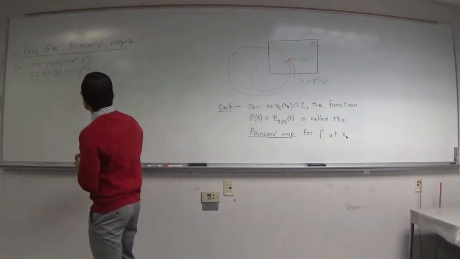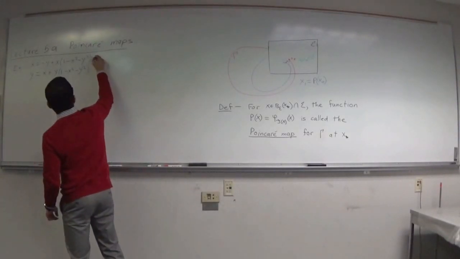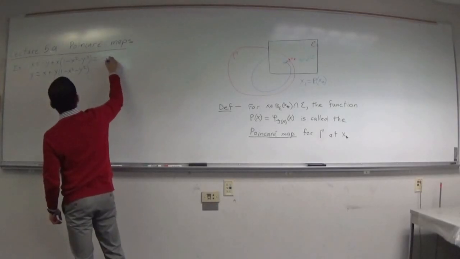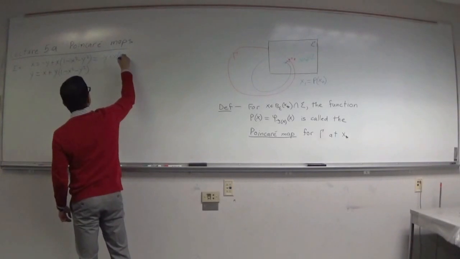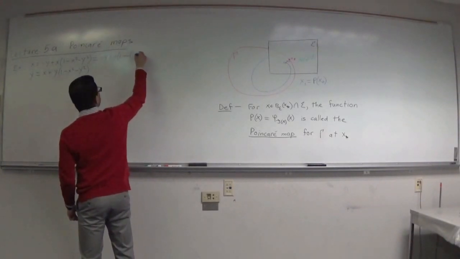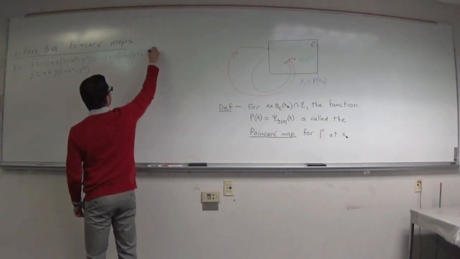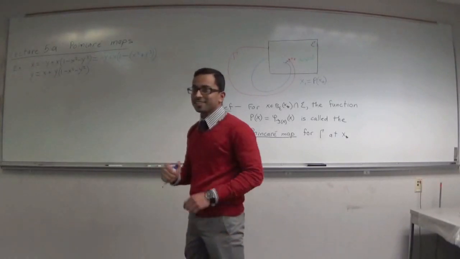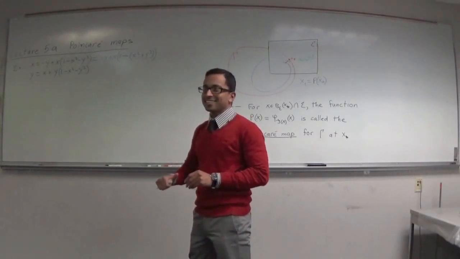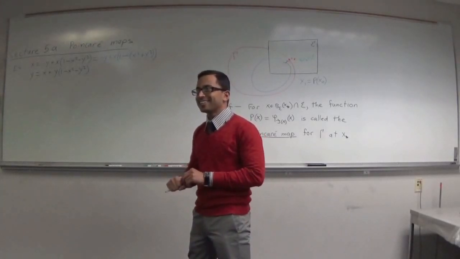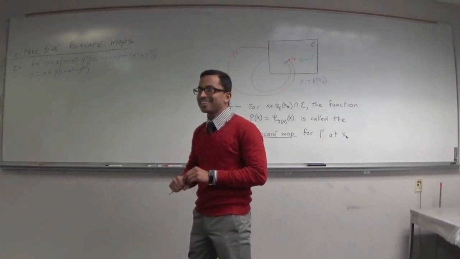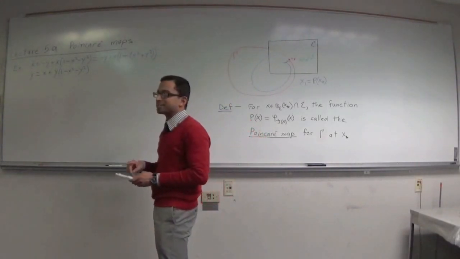Let me write it like this. How about now? Do you see a transformation we can use? Something that we might have done in Calc 3. Polar coordinates? Yeah, so we can change this to polar coordinates, right?